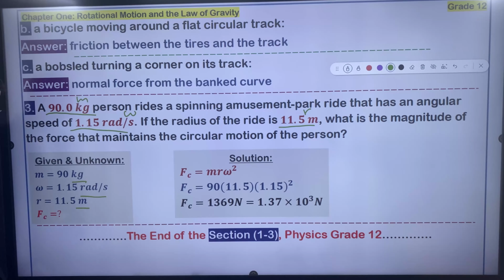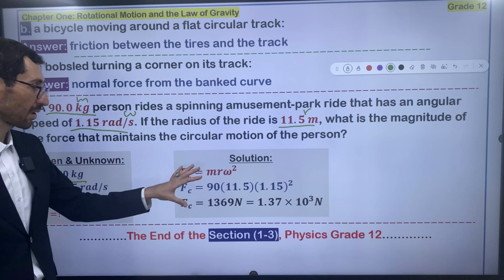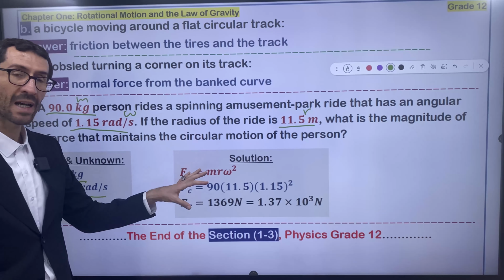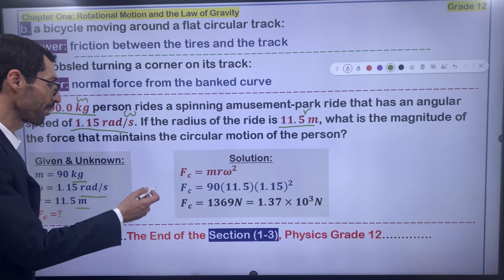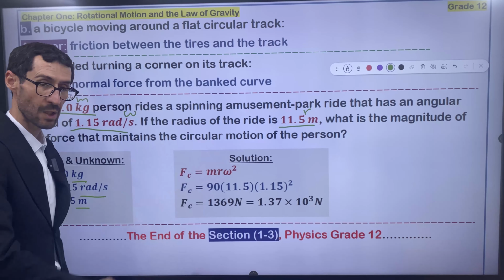Are these dimensions unified, or are these dimensions valid in SI? Of course: kilogram, second, rad, meter. We don't have any conversion. We don't have any problem. Just write the rule and substitute the values. That's it. F is equal to m r omega squared.